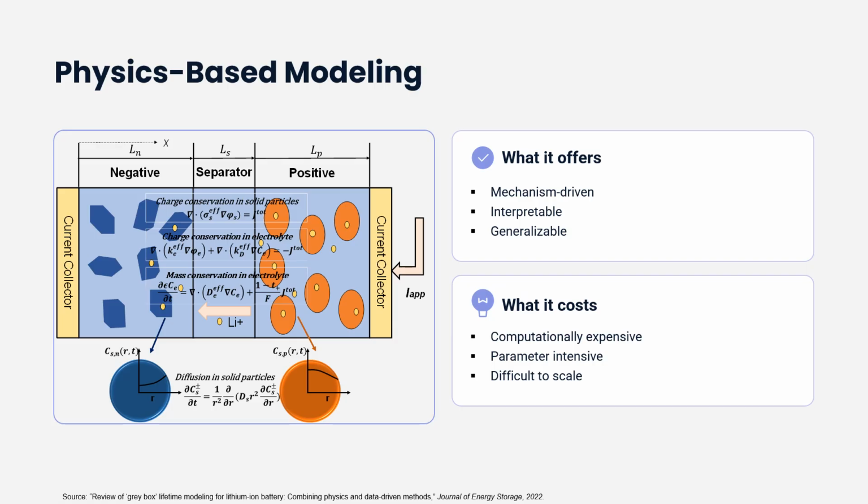It captures electrochemistry, transport, and material behavior. As more physical mechanisms are incorporated, the model becomes more detailed and more computationally demanding. This improves physical fidelity, but also makes real-time simulation and deployment difficult.